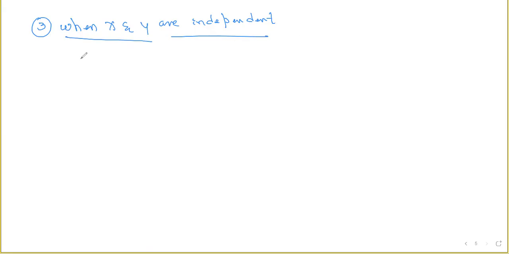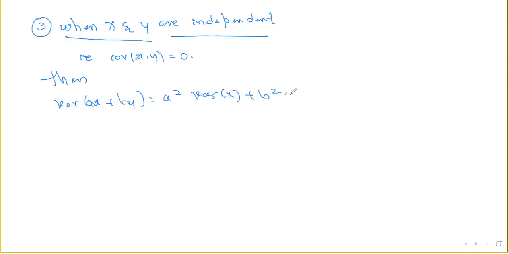When x and y are independent, that is covariance between x and y is 0, then variance of ax plus by equal to a square into variance of x plus b square into variance of y plus 2 times of ab covariance of x comma y. If x and y are independent, this term will be 0. If this term is 0, entire this term is 0.